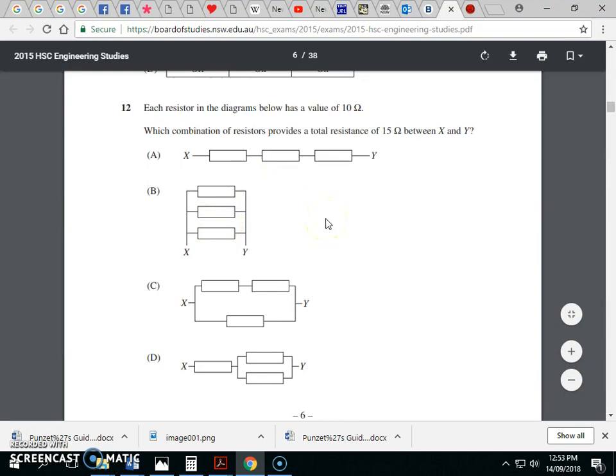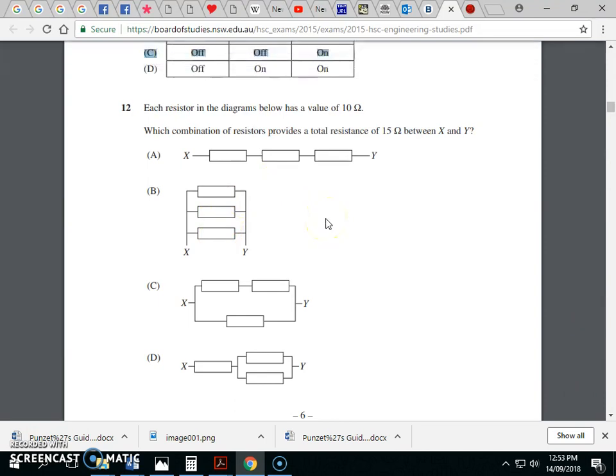Flip that, so that's going to be 10 on 3, which is 3.3. That's too low. So this one here, we're going to have these two in series, so that's going to be 1 on 20, 1 on 20 and 1 on 10. We combine those together, we're going to get 3 on 20. 3 on 20, flip it, is going to be 6.6, so that's no good.